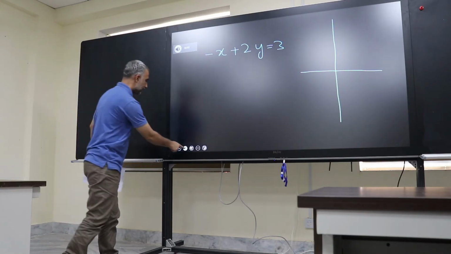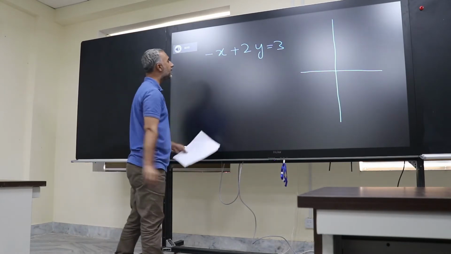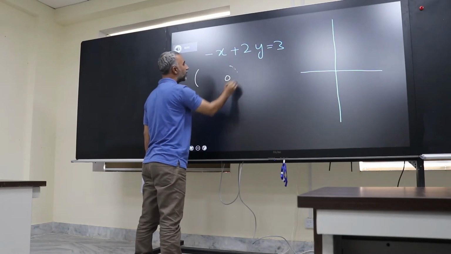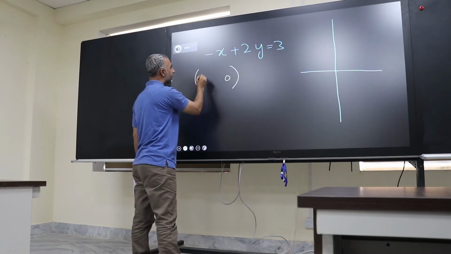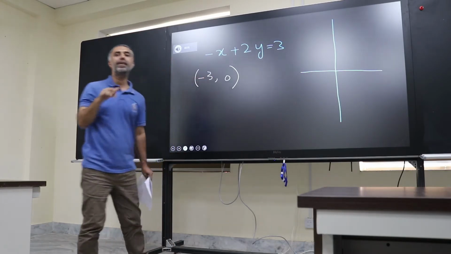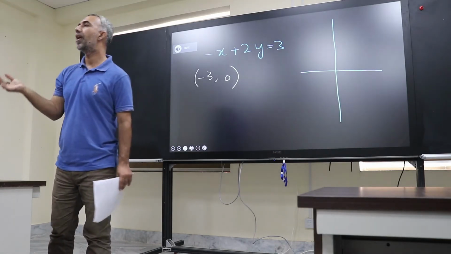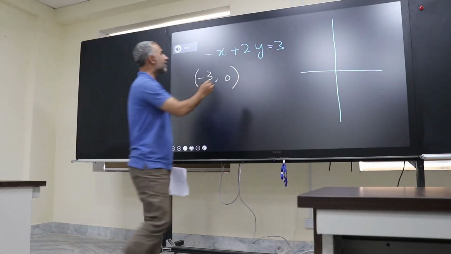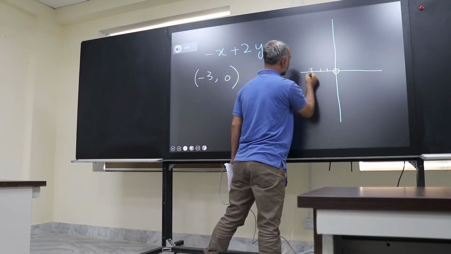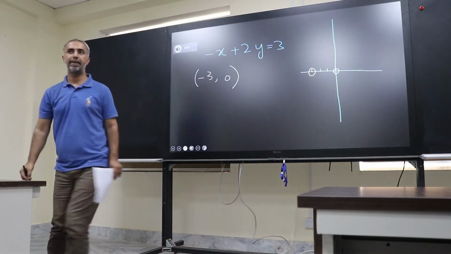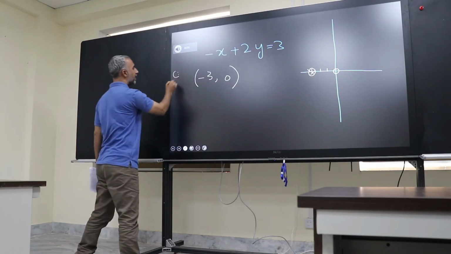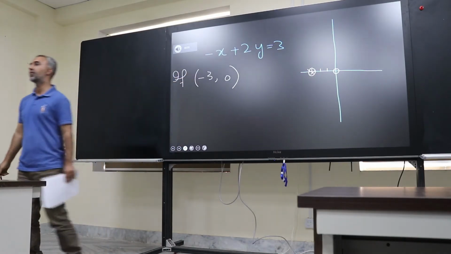If we consider x equal to minus 3, y equal to 0, then we will get 3. At this point, 1, 2, 3, this is the first point. If we have this, then the equation will be satisfied.